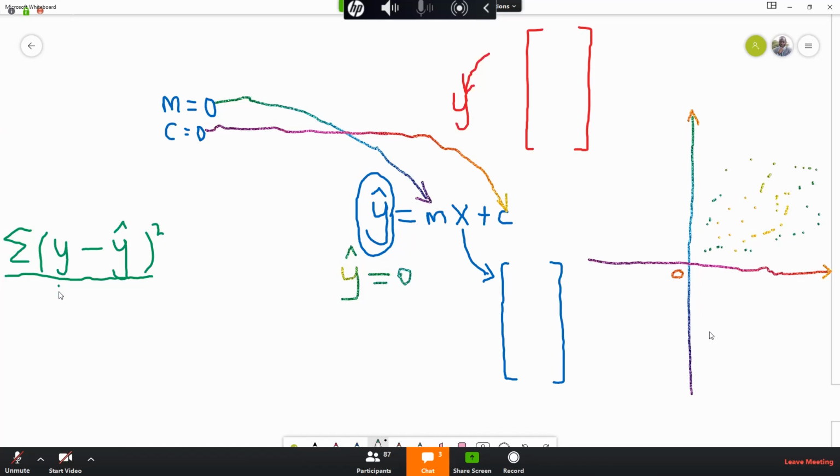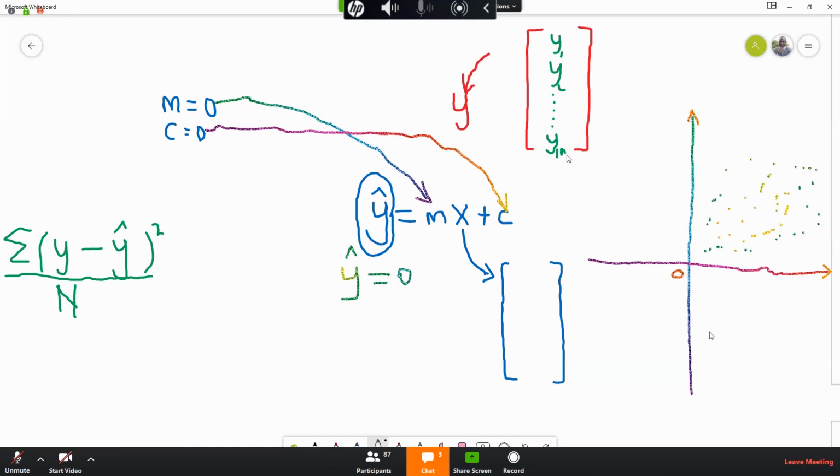This is actually easy to understand and follow. So what happens if I draw every value of y: y1 the first value, y2 the second value, all the way down to y100. We had 100 values.